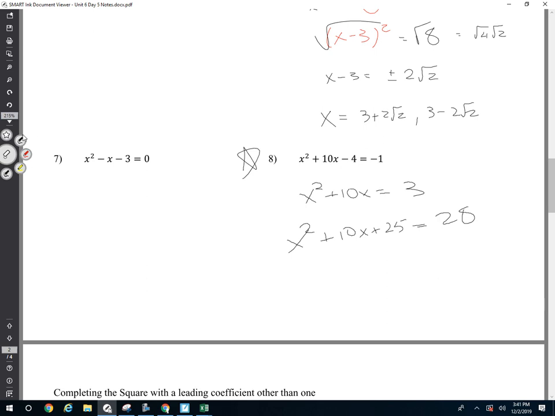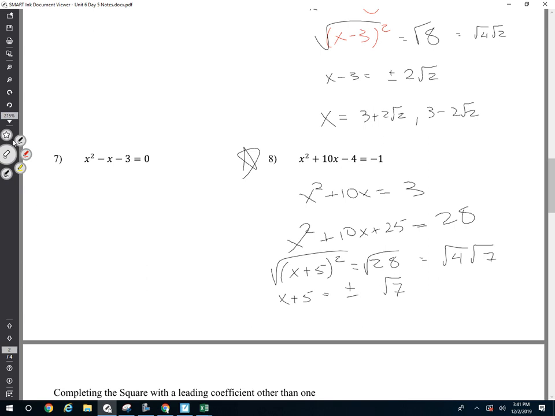So please change that. Two root 7 is the same as the square root of 28.